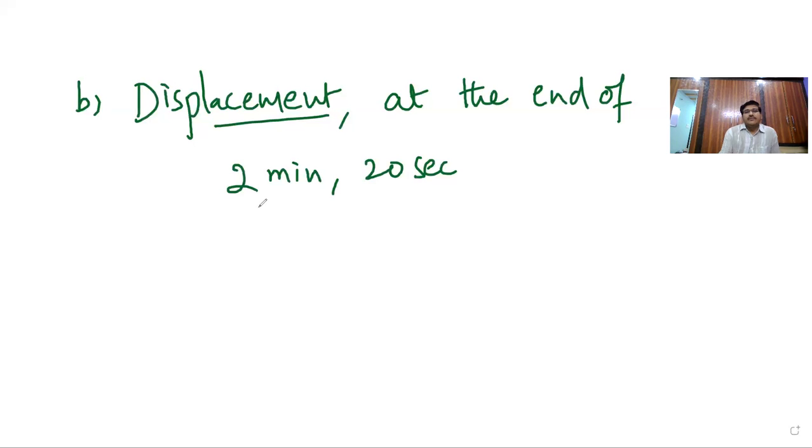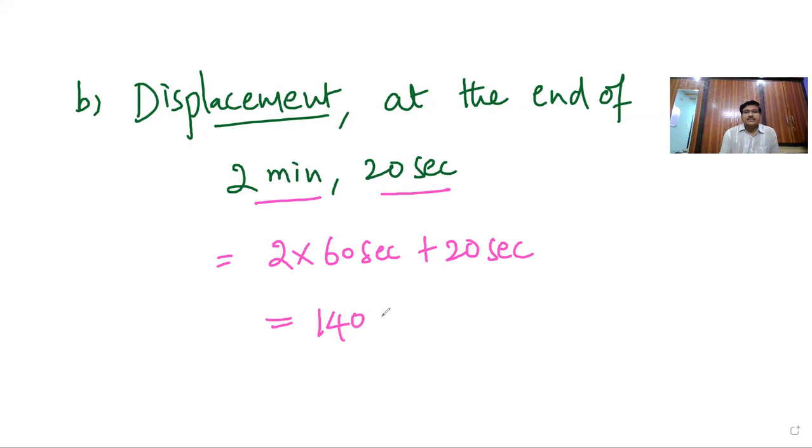Now let me convert the entire time into seconds. 2 into 60 seconds, 120, plus these 20 seconds, 140 seconds. That means we need the displacement at the end of 140 seconds.